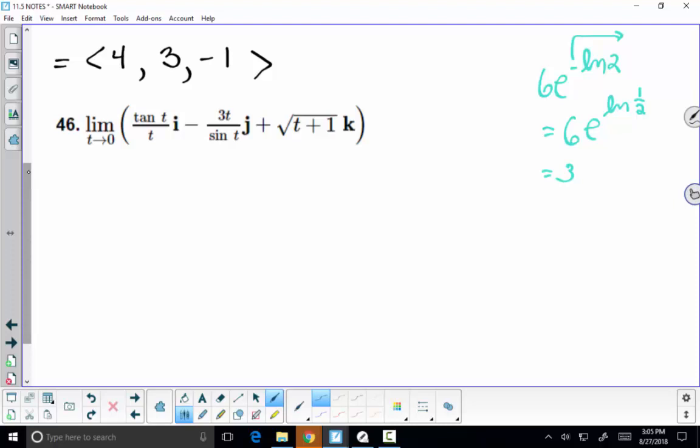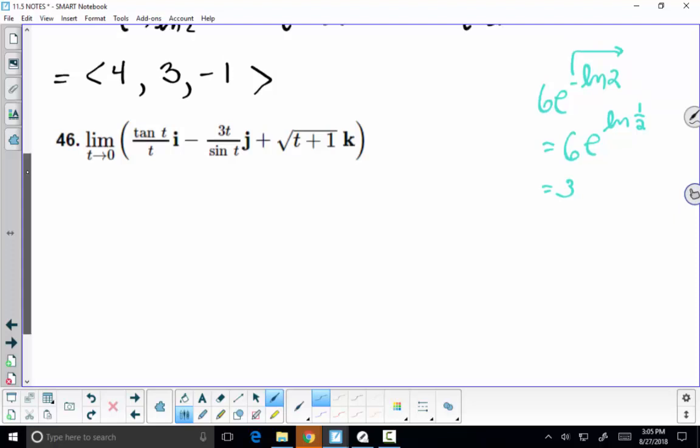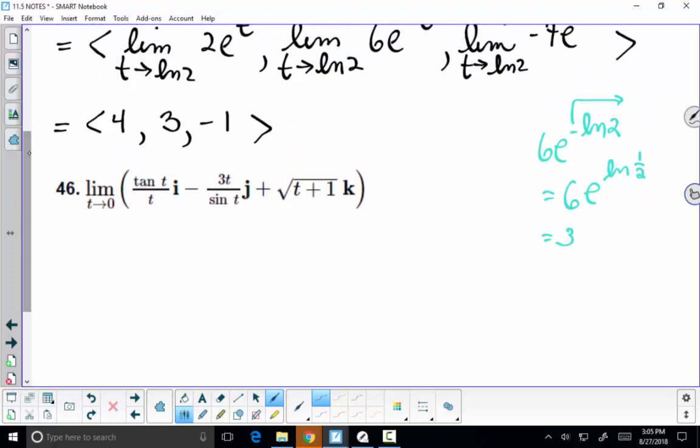L'Hopital's rule works when you're trying to find the limit of a fraction and you end up with an indeterminate form like 0 divided by 0 or infinity divided by infinity. It says the quotient of two functions is the same as the quotient of two derivatives.